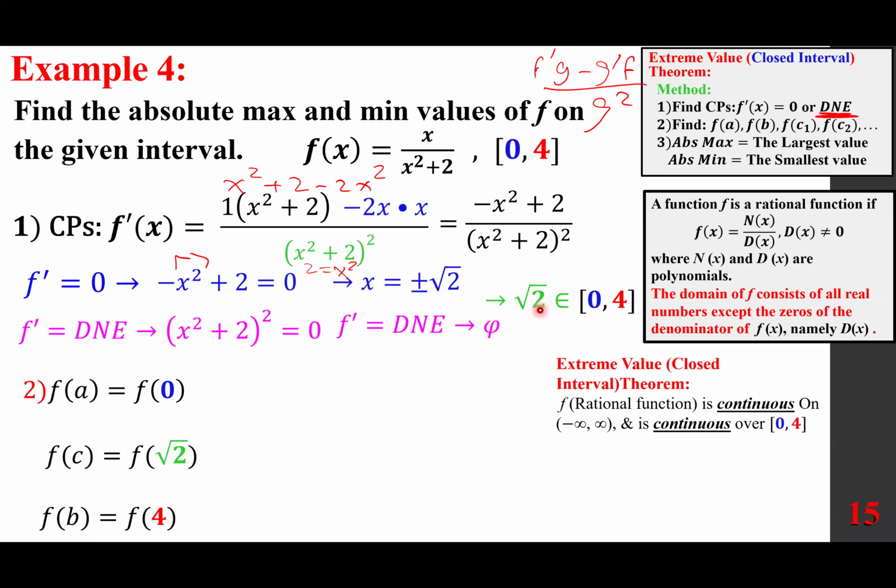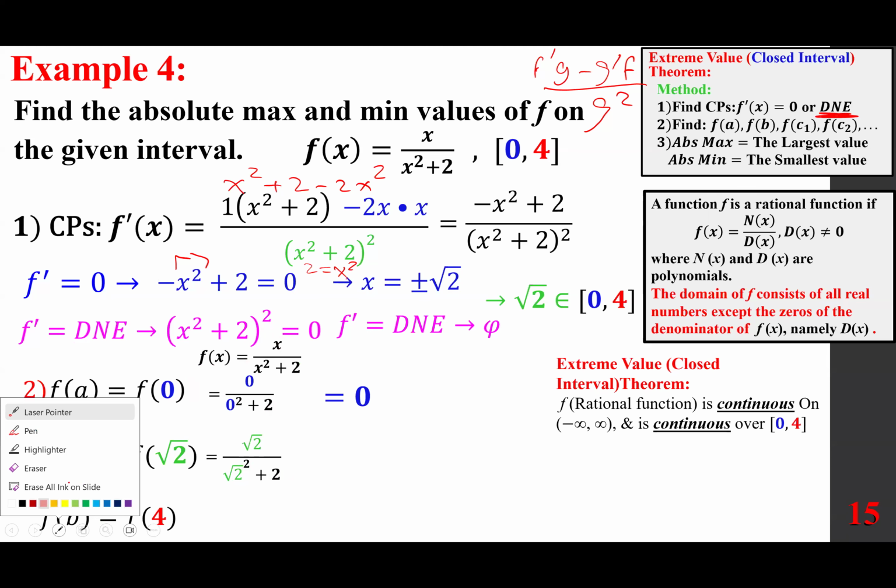So what is f of x? x over x squared plus 2. Let's plug in 0. Obviously, when you plug in 0, you get 0 over 2, which is 0. Let's plug in square root of 2. When we do that, we get square root of 2 over square root of 2 quantity squared plus 2. This is 2, everybody. 2 and 2 adds up to 4.